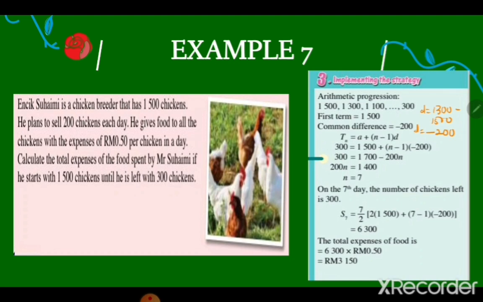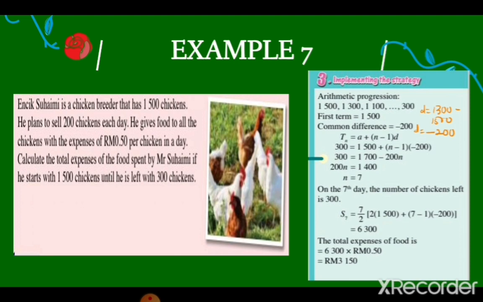So it means that on day 7, the number of chickens that Encik Suhaimi has is 300 chickens. So n equals 7.